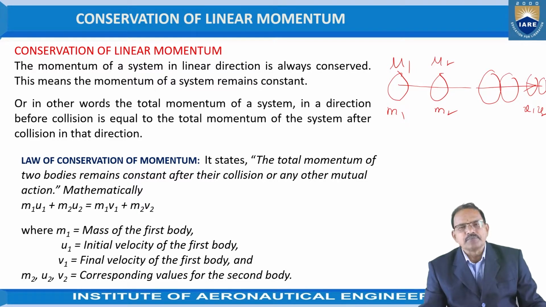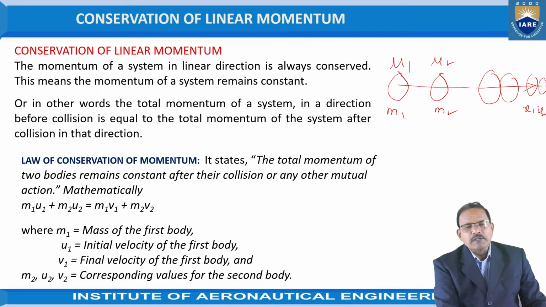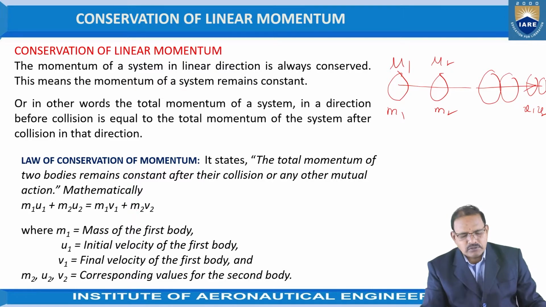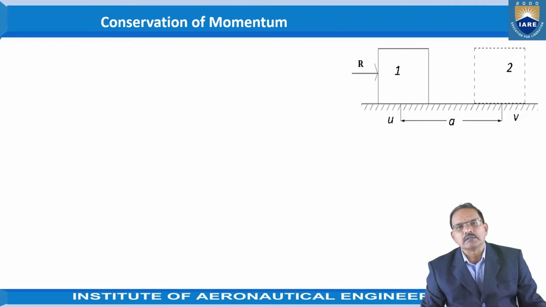That means m1 u1 plus m2 u2 is equal to m1 v1 plus m2 v2, where m1 represents the mass of the first body, u1 the initial velocity of the first body, v1 the final velocity of the first body after the collision, and m2, u2, v2 are the corresponding values for the second body.